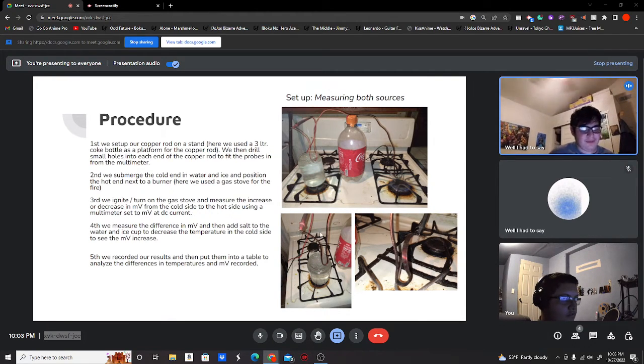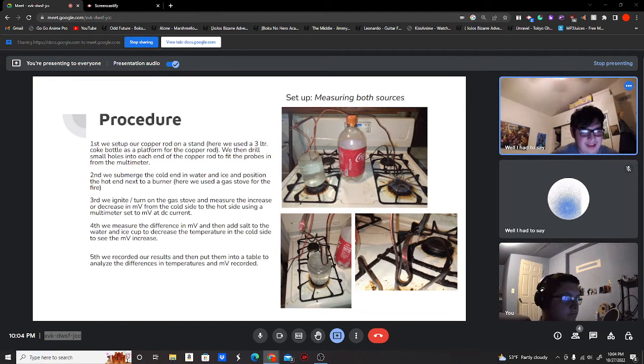It's important to note that we put salt in our ice, because a cup with water and ice and salt melts slower than just a cup with water and ice.